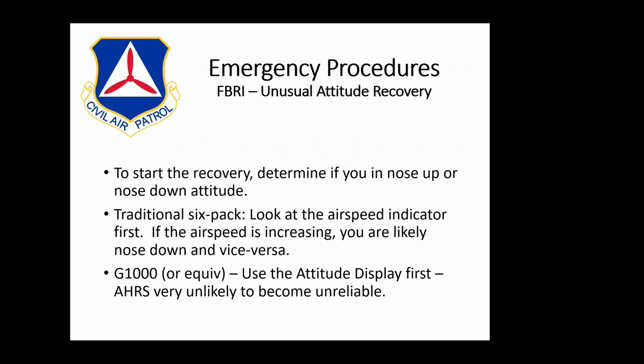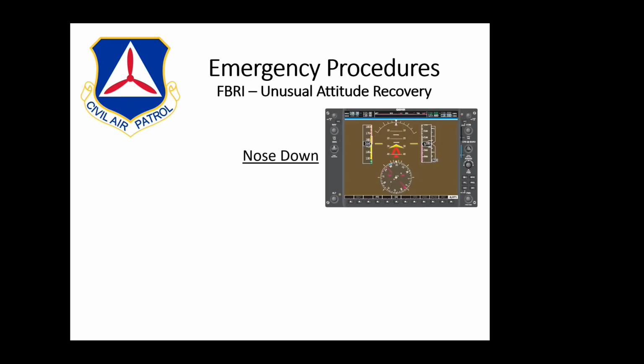That does not necessarily happen right away. You might have a failure that gives you some false readings before you get that X. So it's not like you will look at the G1000 attitude indicator and just trust it. You still have to cross-check and verify. But the reality is the indicator is very likely to remain reliable, so you can look at that first. In all cases, you need to cross-check and verify still. That does not change.